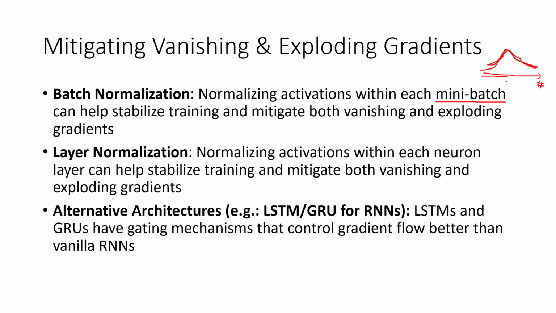But when it comes to batch normalization, we are assuming that the data points in the batch are following a normal distribution when it comes to a value related to a certain parameter in the neural network.